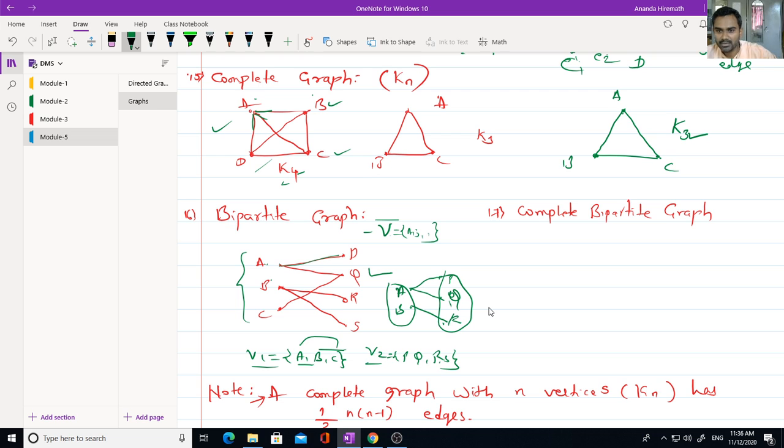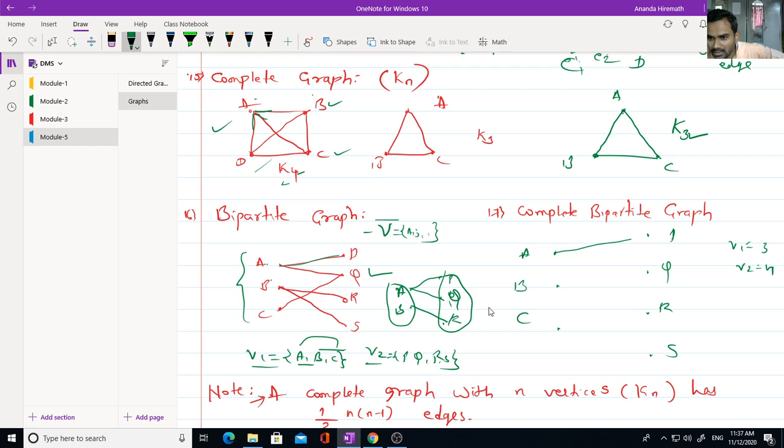Now the complete bipartite graph. Say we have three vertices in the first group and four vertices in the next group. That is, V1 has three vertices and V2 has four vertices. So this is A, B, C and P, Q, R, S. Now there are two groups, so there should be an edge between every vertex of V1 and every vertex of V2.